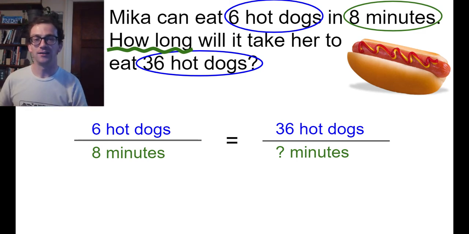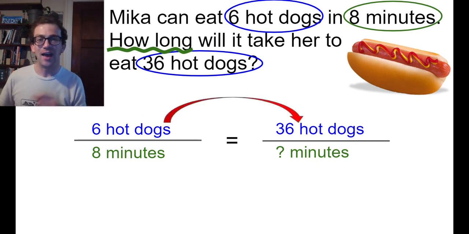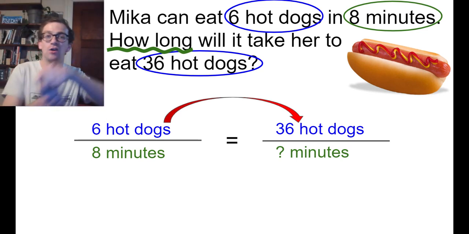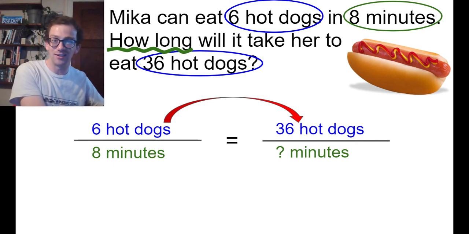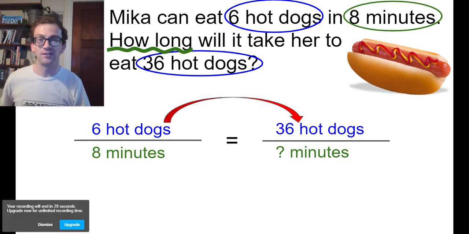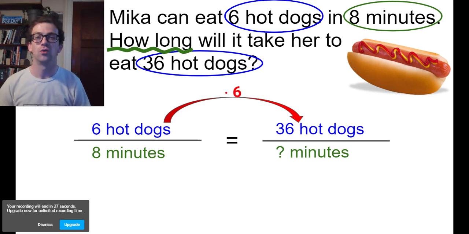And what you might find is that it's pretty similar to our work that we are doing with scale factor. We're going to ask ourselves, how many times bigger is that ratio getting? If at first she ate 6 hot dogs, now she's eating 36 hot dogs, how many times bigger is my ratio getting? Well, I know 6 times 6 is going to be 36.